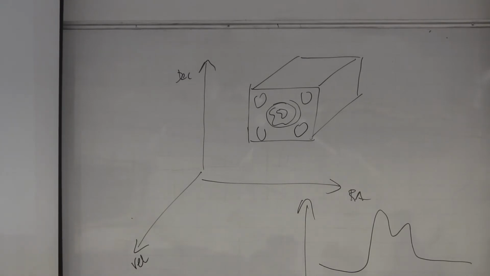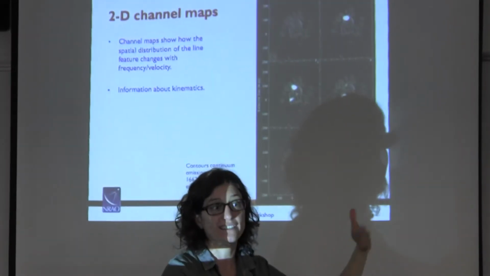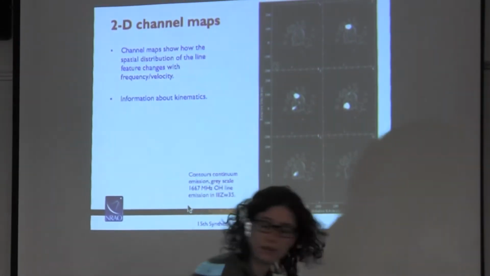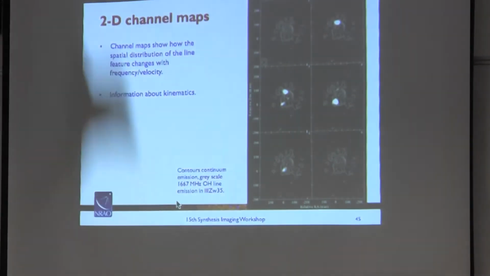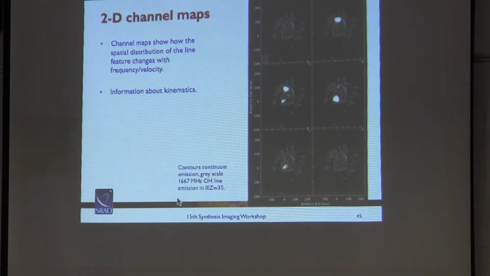This will be a visualization of the data cube per channel. So we have a map at every velocity, and it tells you, if you have a cloud of gas, at which velocity that gas is traveling. So you are making cuts in the cloud for every velocity.